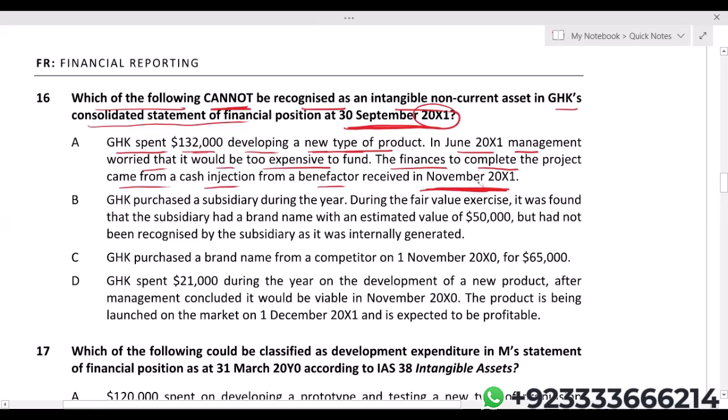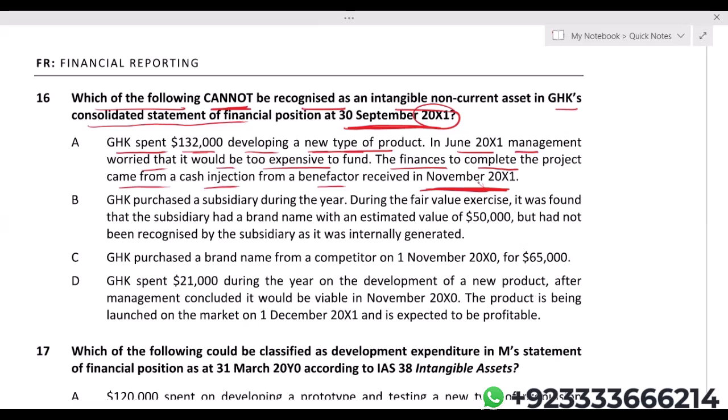Can I say the funding is coming after the year end? If you recall under IAS 38, when we capitalize the expenditure, there are a number of conditions. One of them is that completion of your intangible asset is financially feasible.